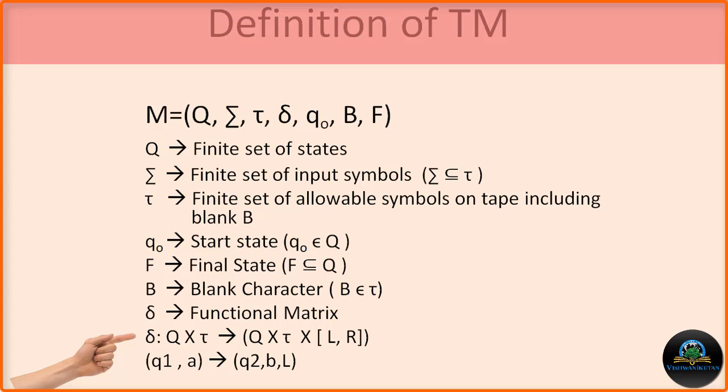For example, suppose symbol A is given as input to state Q1, then the machine is transited to state Q2, symbol B is written on the tape and the head is moved to the left.